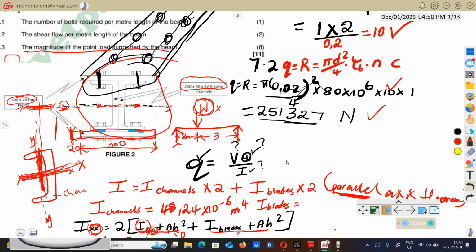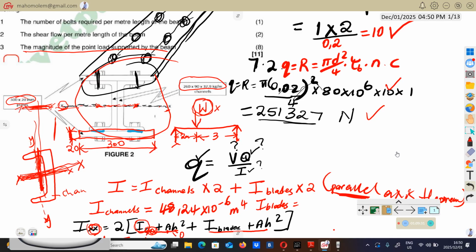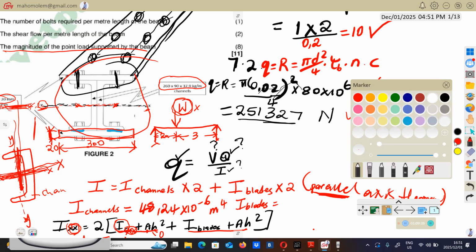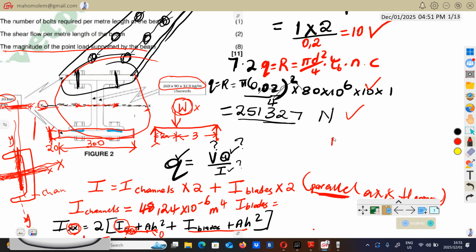Now, we generally say you don't have to do that, but you can stick to this. I'm not saying that if you do it the other way around, you are not right. We normally say axis perpendicular to the longest dimension. Remember, here is the longest dimension. Between this dimension here and this one, the long one is this. So perpendicular to the longest dimension, we call it the axis XX.